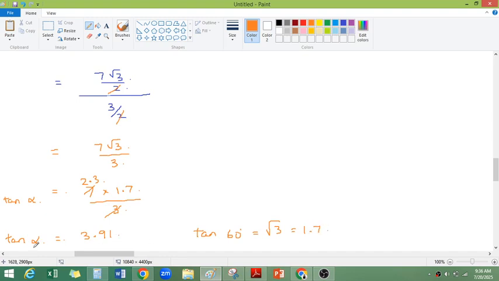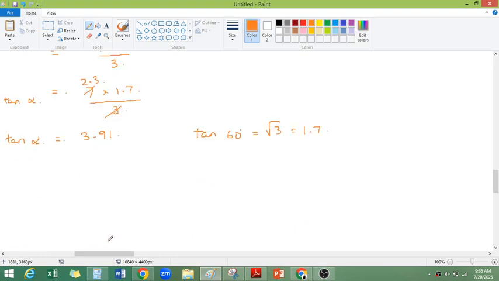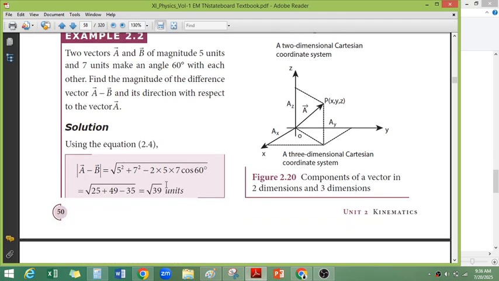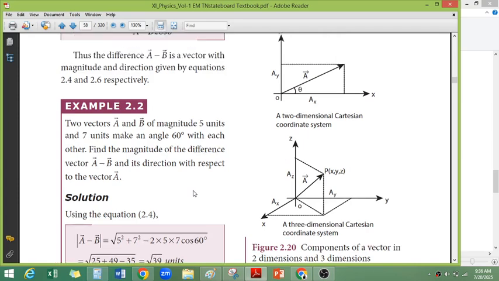So this angle should be greater than 60 degree. That's all I can tell. I cannot tell whether it is 70 degrees or 75 degrees. Yeah, root 39 units magnitude is correct.